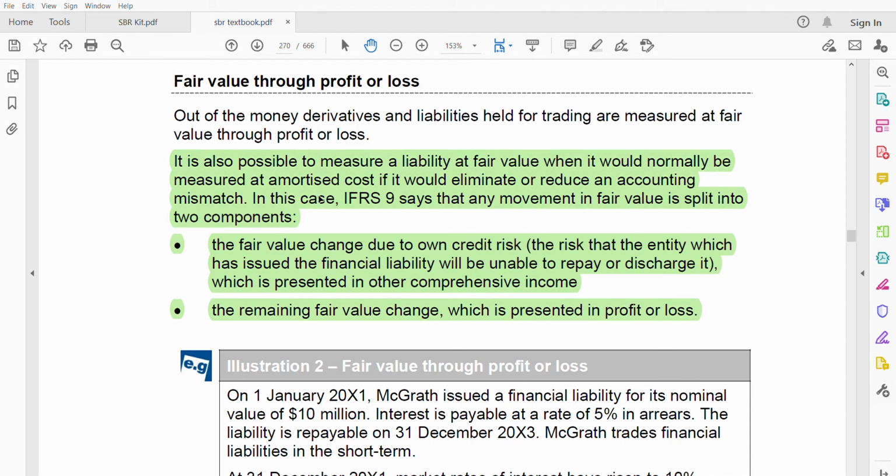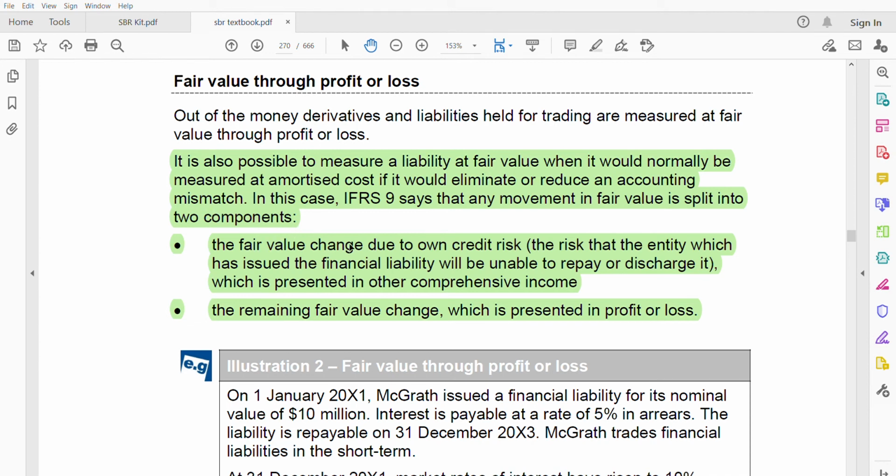In this case, IFRS 9 says that any movement in fair value is split into two components. This split you should know. If normally something is measured at amortized cost and you measure it at fair value, then this split comes. What are the two components?